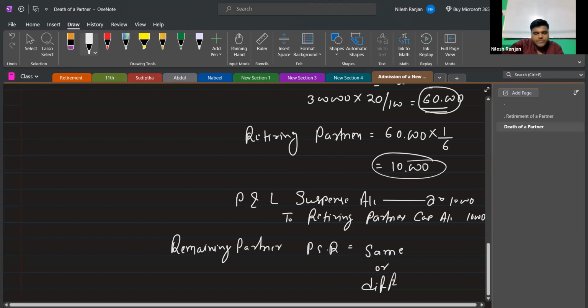Let's say their profit sharing ratio is 3:2:1. After retirement, the new profit sharing ratio is 3:2, or the new profit sharing ratio is 2:1. So in the first case, it is the same, 3:2, 3:2. But in the second case, it is different.